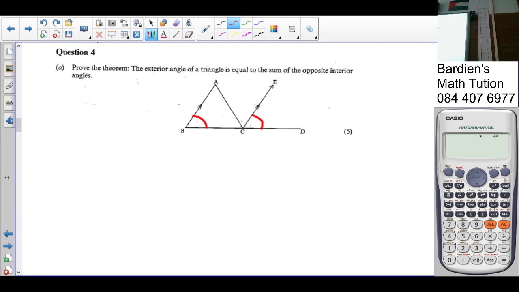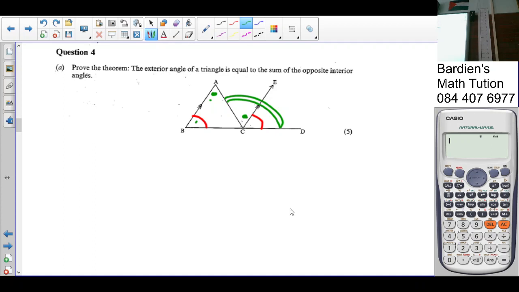Corresponding angles, with EC being parallel to AB. What else can be determined at this point? Alternate angles. Angle A is equal to angle ACE. So what do we notice now? Is this exterior angle not equal to the sum of the two interiors? They have proved the theorem.